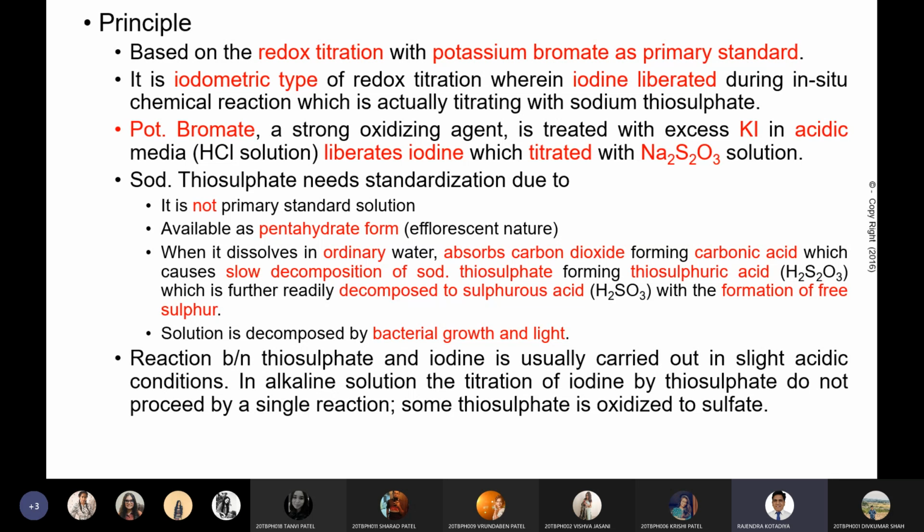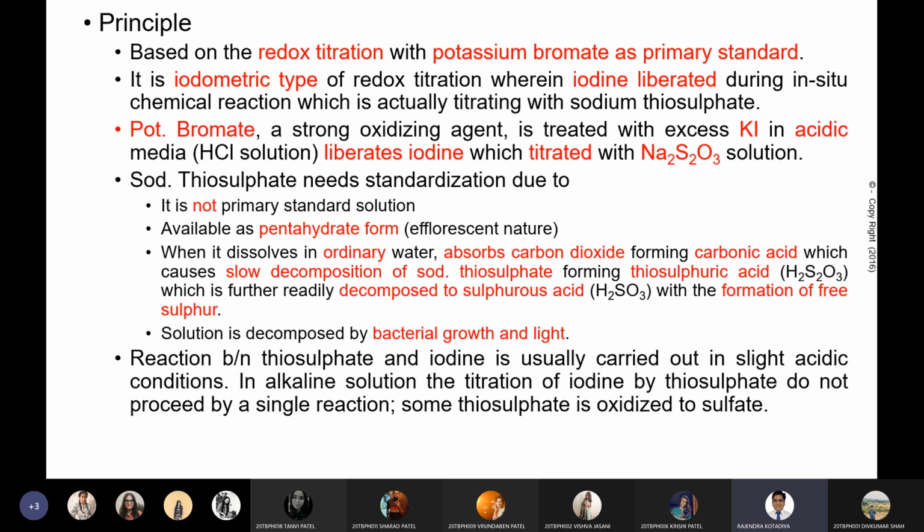Second, it is available as pentahydrate form. So એ ક્યારે લોસ કરે એ મોલિક્યુલ, એ જે water of crystallization છે, that we don't know. That's why it is efflorescent in nature, and that is why we can't get the exact strength of sodium thiosulphate solution.